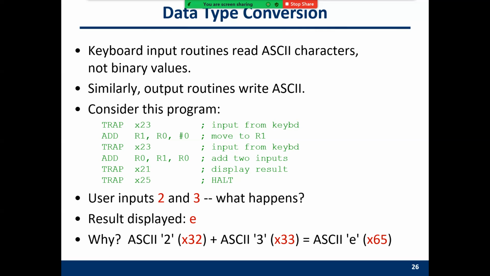Why? Because we directly add two ASCII data. So in order to get the correct result, we need to convert the ASCII 2 to the integer 2 and ASCII 3 to the integer 3. There is a constant offset between the ASCII data and the integer data.